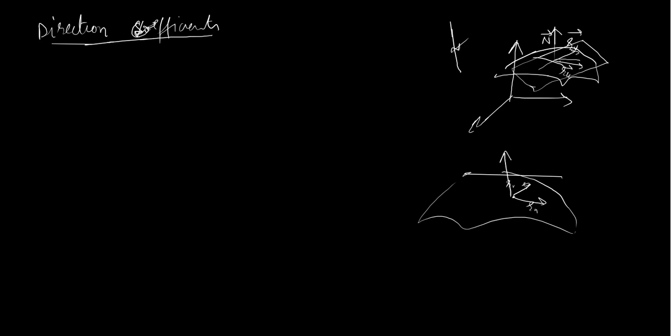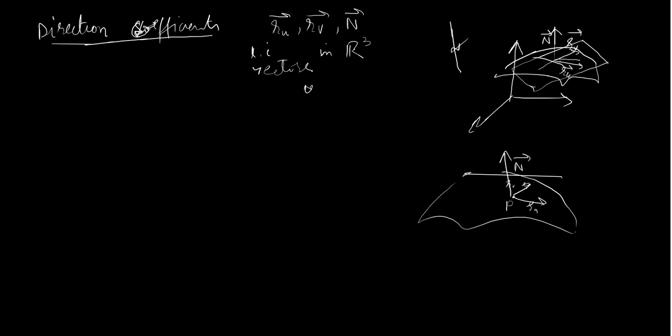This gives us a local basis at this point P on the surface. So anything at P can be written in 3 dimensions as a linear combination of this local basis. Any 3 linearly independent vectors in R3 form a basis for R3.